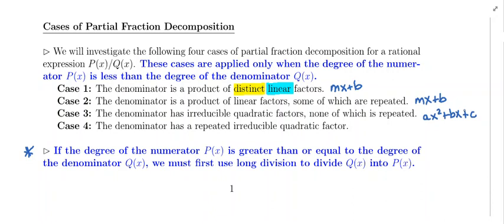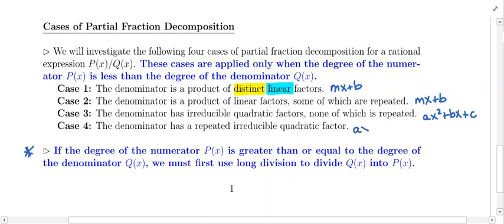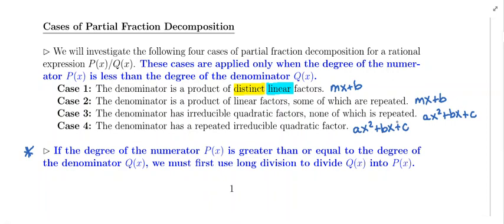The last case, case 4, the denominator has a repeated irreducible quadratic factor. Okay, in case 4, you're still dealing with quadratic factors, ax squared plus bx plus c. They're still irreducible, meaning this quadratic quantity cannot be factored further, but you are allowed to have a repeated factor. You may see the same factor twice in the factorization.